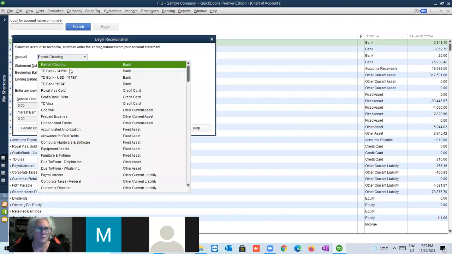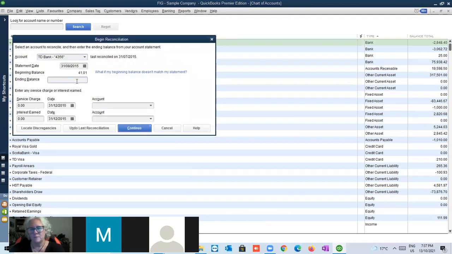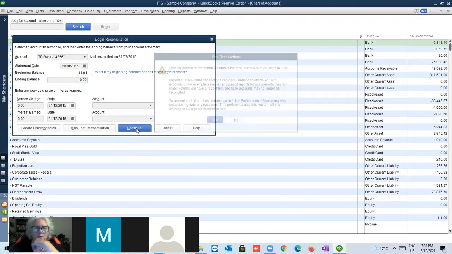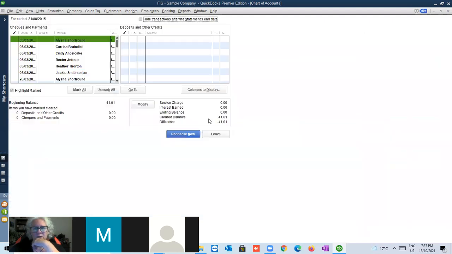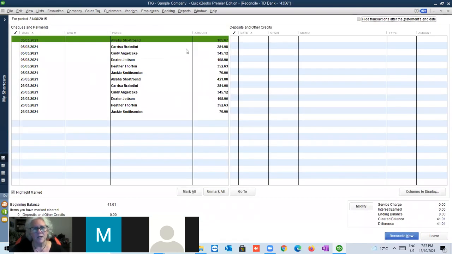I'm just going to grab a bank reconciliation here, and all the paychecks show up here individually. But maybe the bank is doing the direct deposit. Royal Bank does that, TD Canada Trust, they all do that.